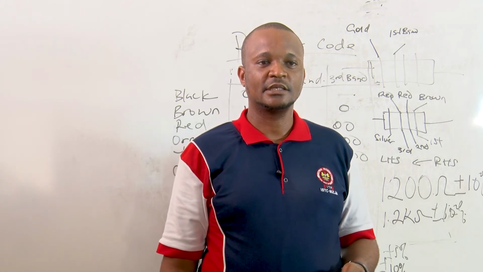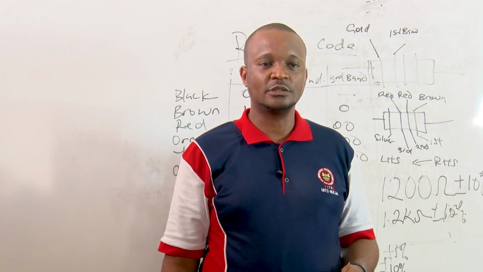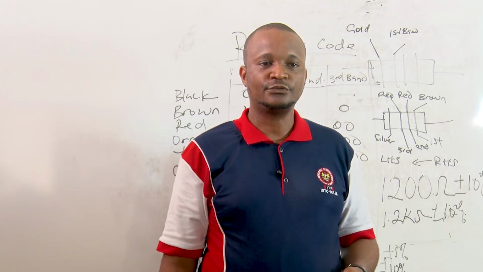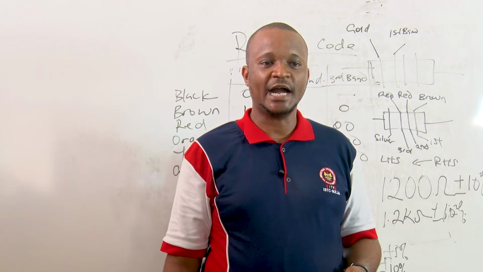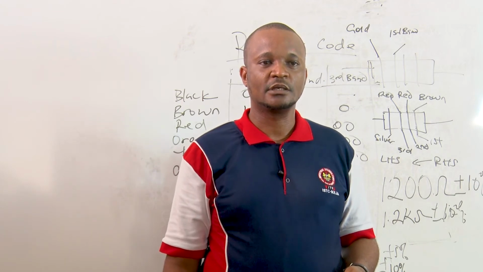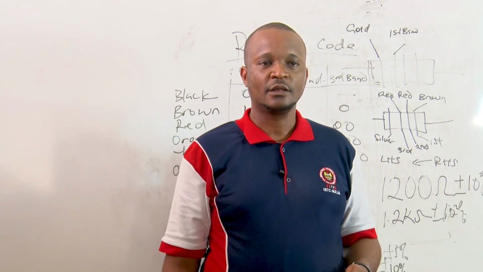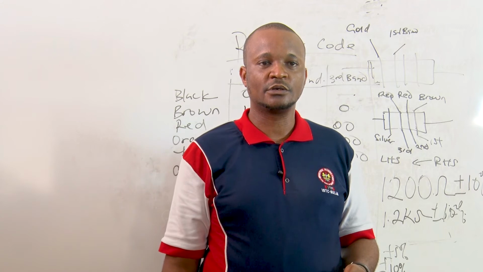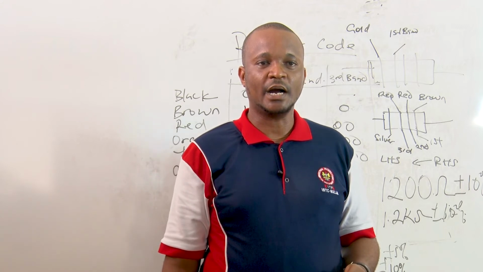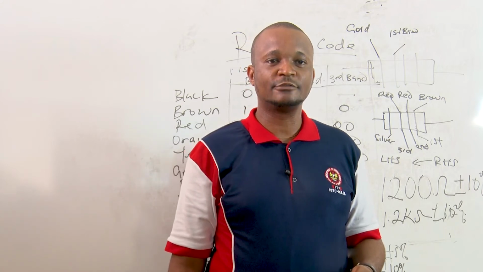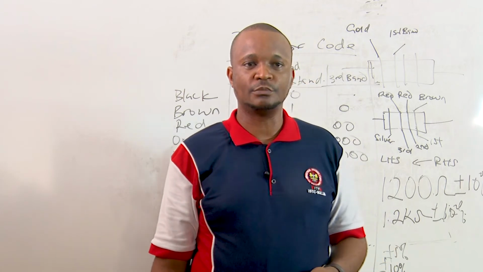And then the last is green, that is the multiplier. That is green on the third is what? 5. So we have to add 5 zeros. Okay, so when you add the 5 zeros, you discover it is about 470000. So that will give you about 4.7 mega ohms.